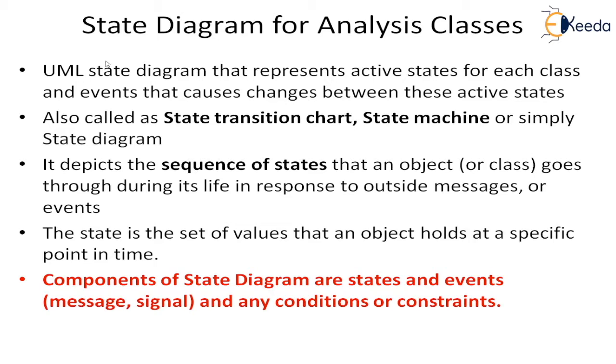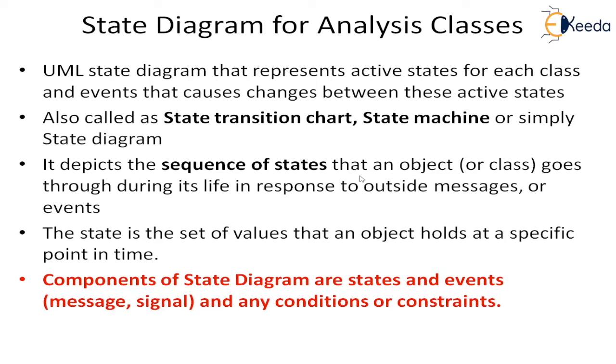Now we'll see the state diagram for the analysis classes. A UML state diagram represents the active states for each class and the events that cause change between these active states. For each active class, we can represent the state diagram, and it will show how these active states change due to some event. They are also called state transition charts because the state is transitioning, or a state machine, or simply a state diagram.